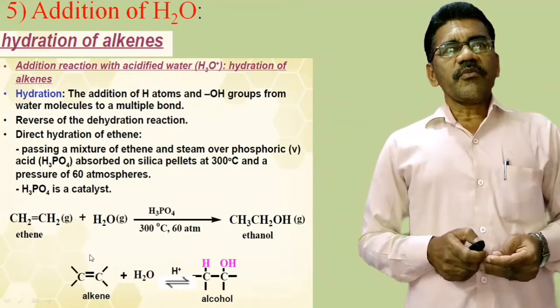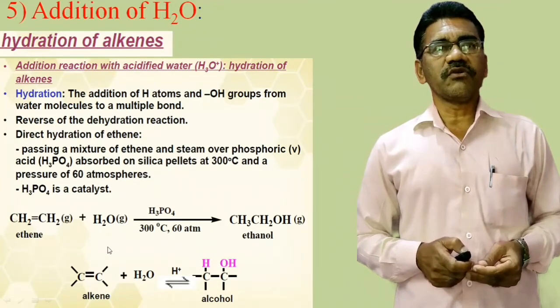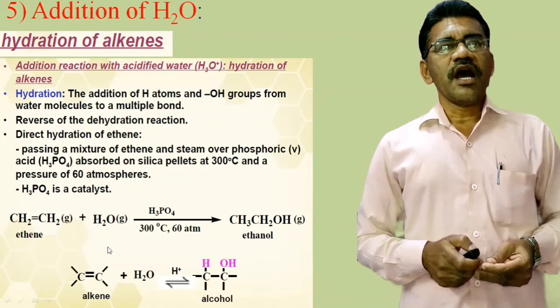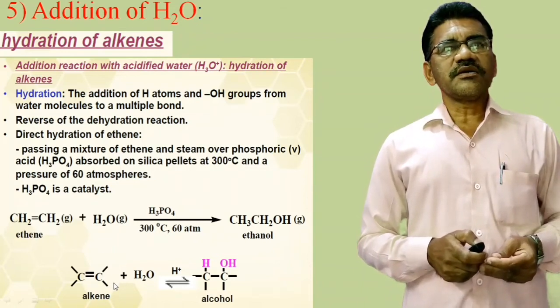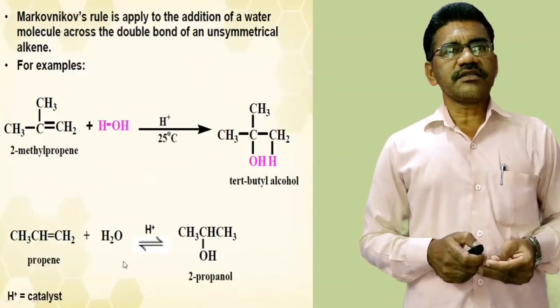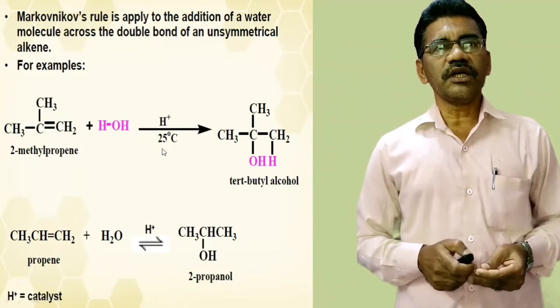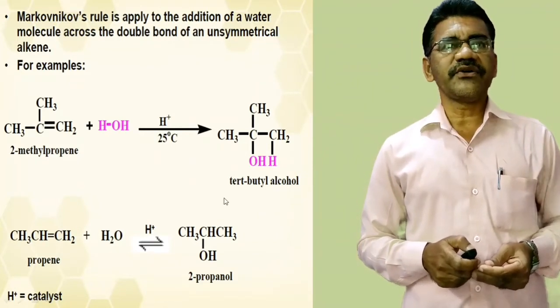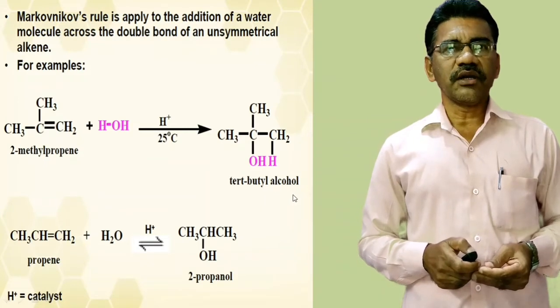This addition of H2O also takes place according to Markovnikov's rule. Here, addition of water to the asymmetrical alkene 2-methylpropene in presence of acid at 25 degrees Celsius forms tertiary butyl alcohol.